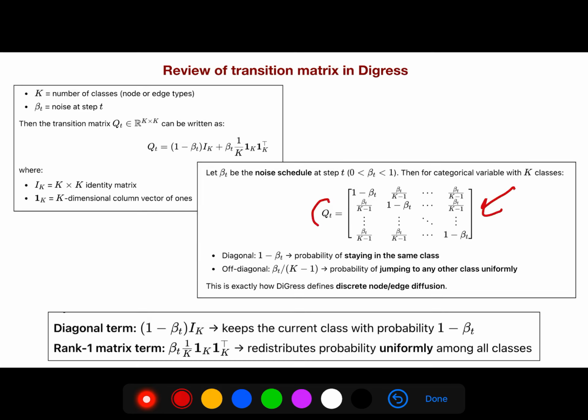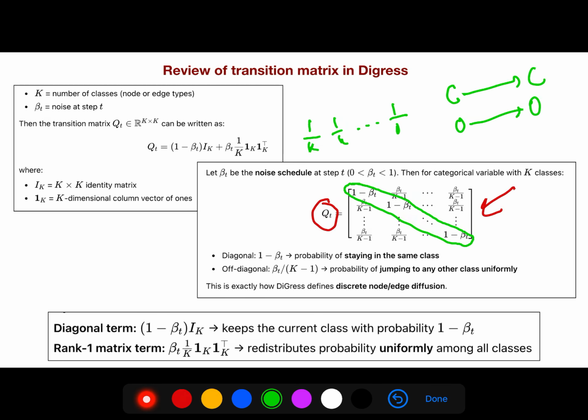So your Q matrix is like this. If you look at the diagonal, you see the probability of staying in the same class. For example, if your class is carbon, you stay carbon for the next step at time t. If oxygen, you remain oxygen. But the off-diagonal is the marginal, the uniform distribution, 1/K.